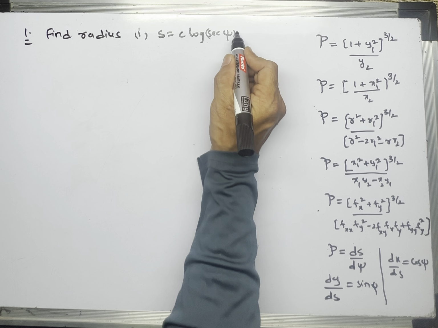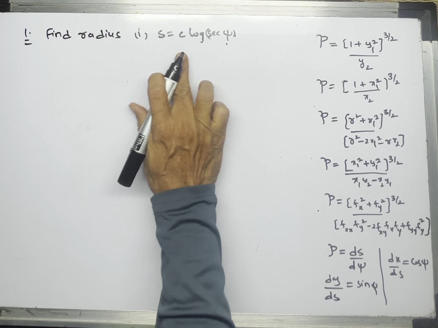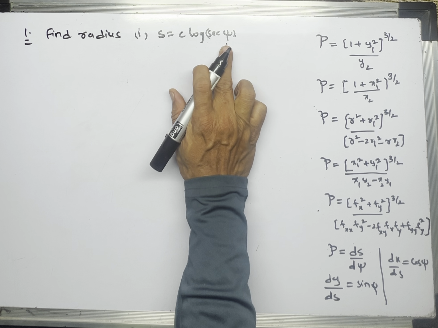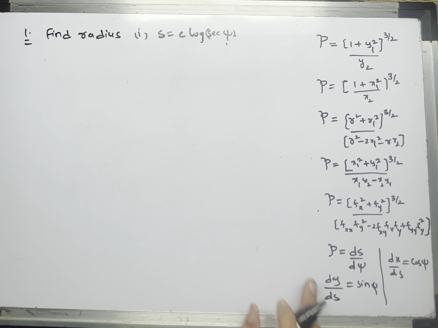Now we have to simplify with respect to psi. See, variable x is not given to us, so whatever angle is given, we have to differentiate with respect to that angle. And we need to find ds by d psi.